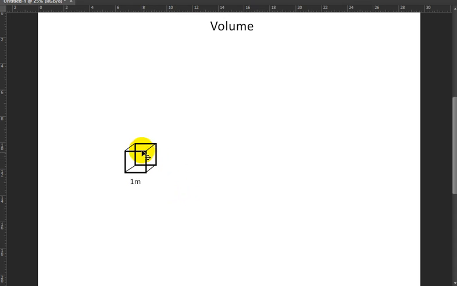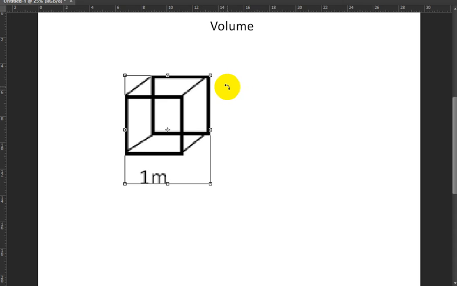So this is a cube. Again, you can see that all of its sides are the same, and it is comprised, if you go back, you will see that we made it out of 6 squares. So this is a three-dimensional shape. Let's talk a little bit about the terminology.